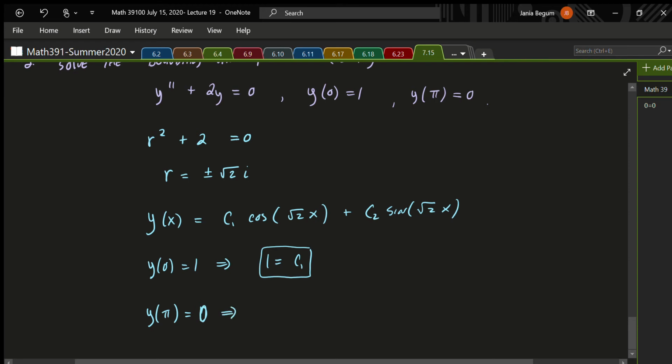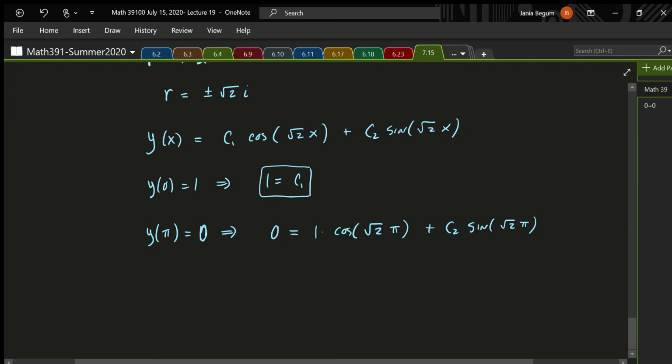So we have 0 equals, since c1 is 1, 1 times cosine of square root of 2 pi plus c2 sine of square root of 2 pi. My goal is to solve for the constant c2.